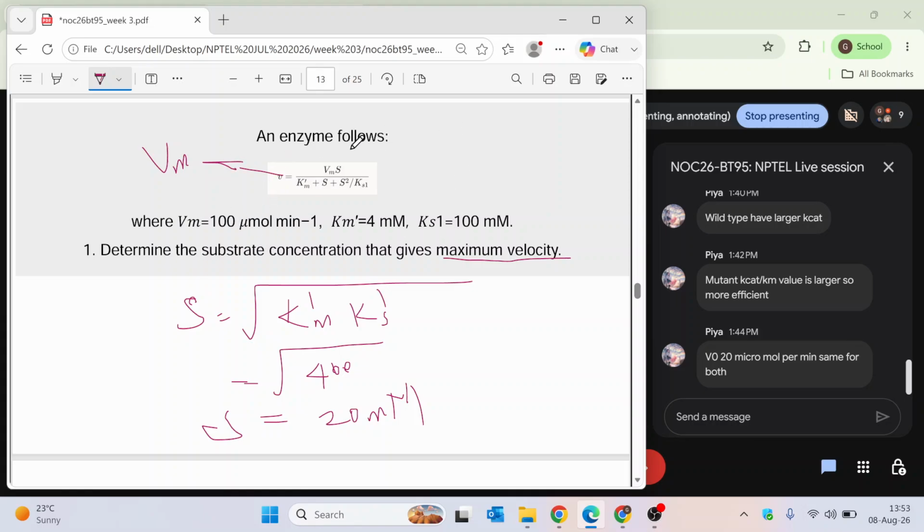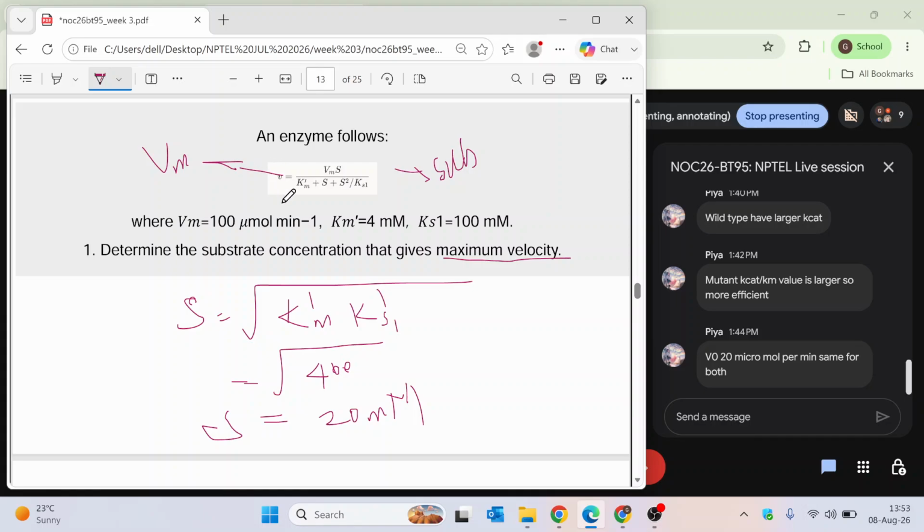The equation is given here. You might remember when we studied substrate inhibition, we came across this equation. This is a characteristic equation of substrate inhibition. Even if you don't remember that at maximum velocity S is equal to the root of Km dash into Ks1, you can directly do it from this equation itself.